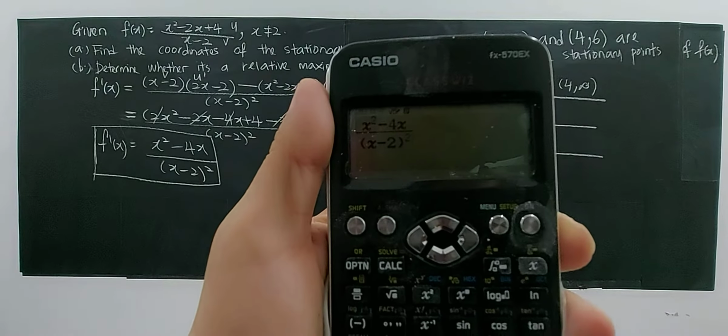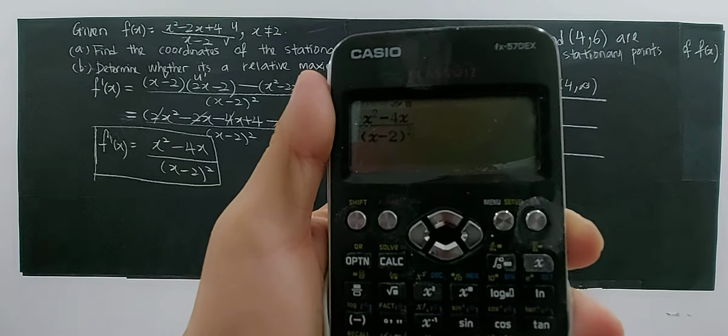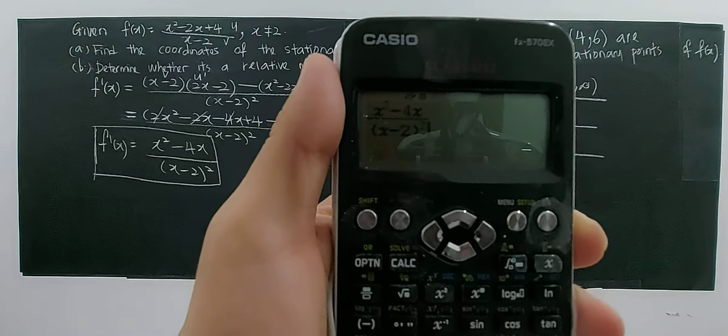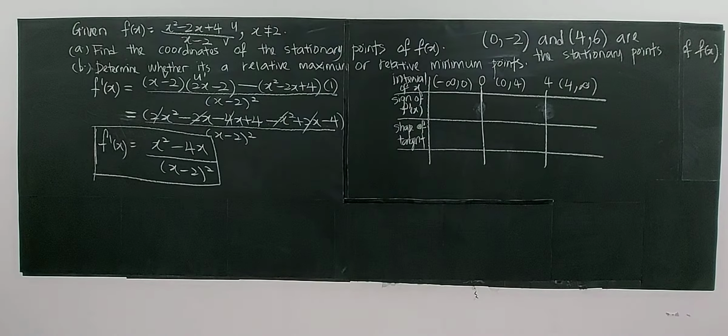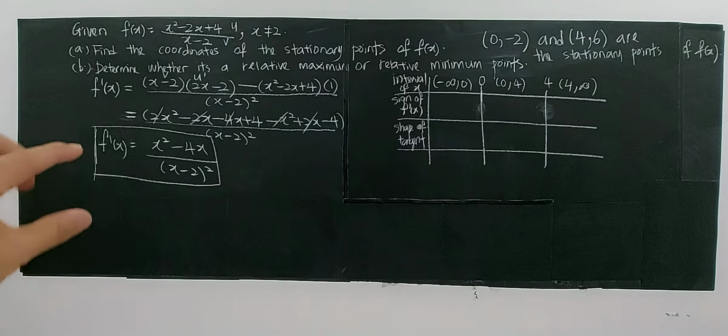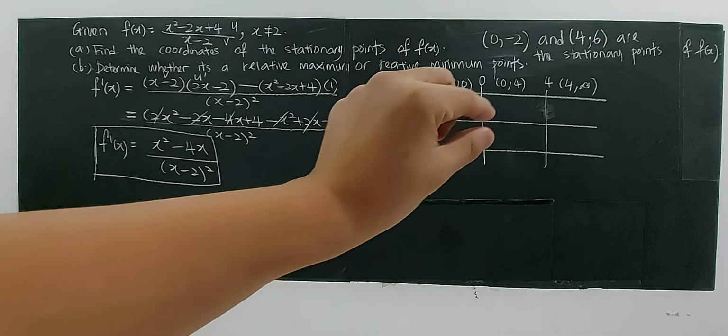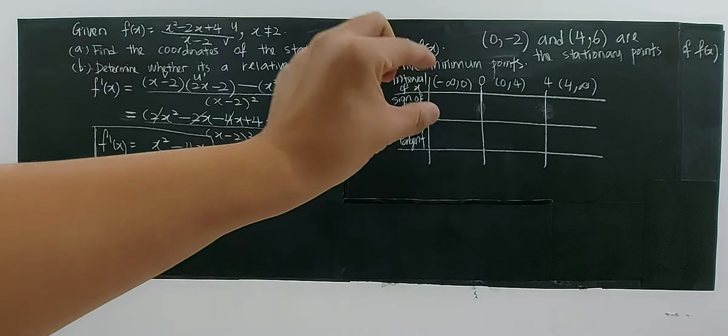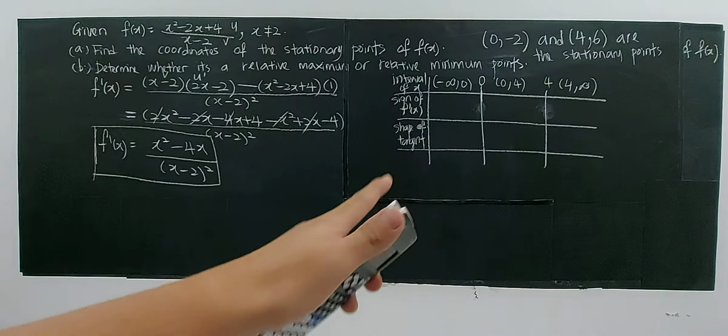So I have keyed in this function in my calculator, making use of technology, so that I don't need to repeat and put in all the numbers. If I'm not using a calculator, I have to substitute one by one, which is very tiring. Since it's just a test, you can use your calculator to identify whether it is positive or negative.